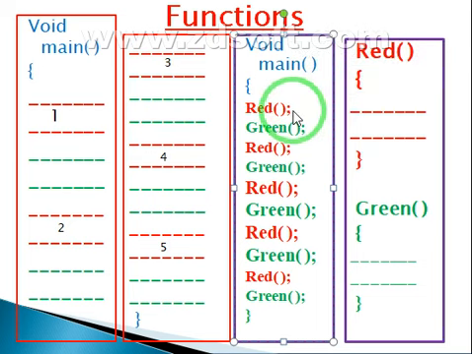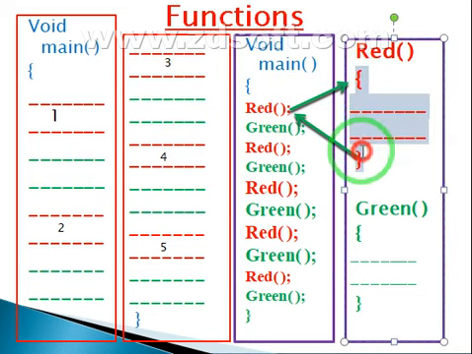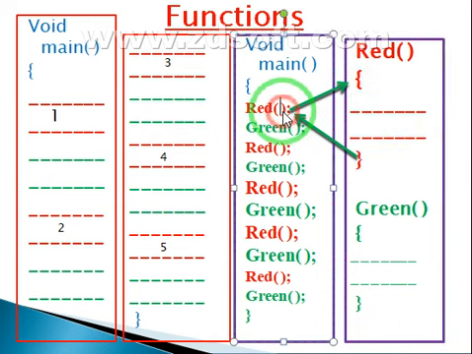Whenever we execute this line, the program execution automatically continues from the function. After executing all of it, it returns back to the same function call. So red is the block name or function name.